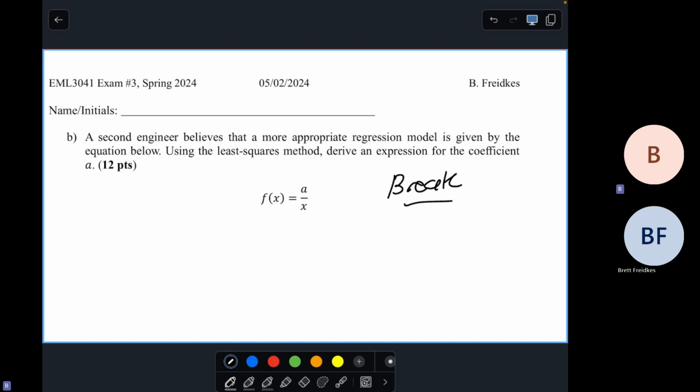Residual is what? That's what we're doing. No, you can't cancel.